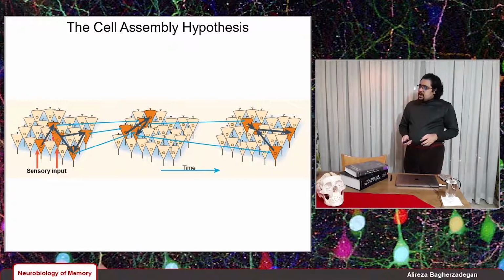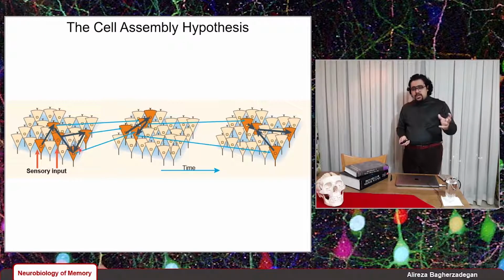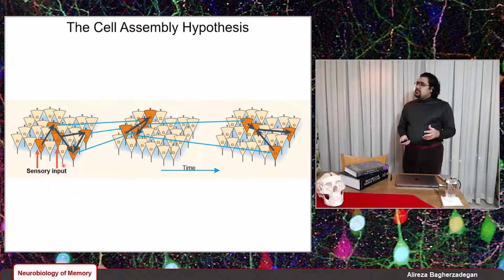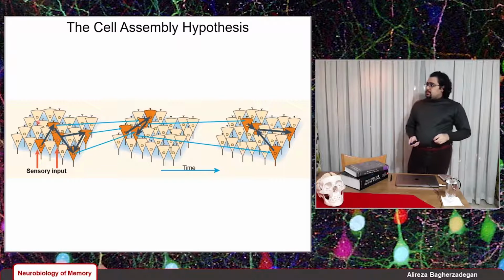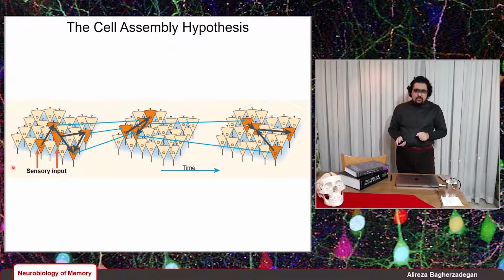So all the members of a single cell assembly are connected to each other through mutual excitatory connections, and once one or a few of them fire, the others are going to fire and stabilize the firing of that cell assembly. But sometimes the excitability of a single cell assembly is going to fade gradually.